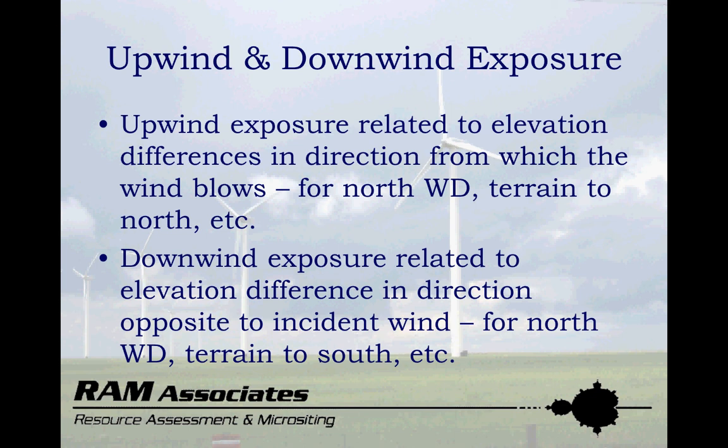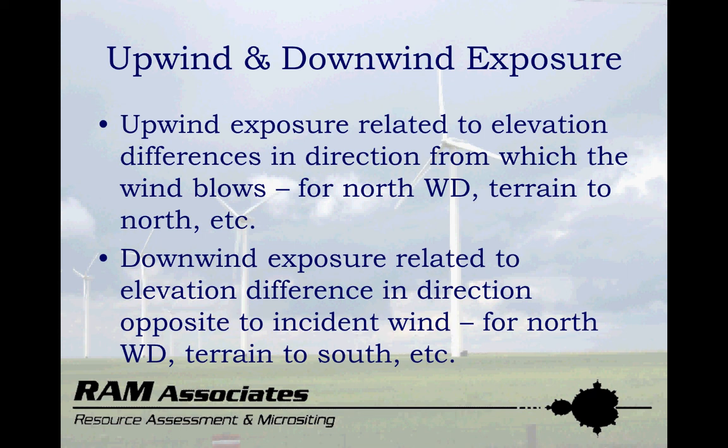The upwind and downwind exposure parameters are based on essentially the concept that if the wind is blowing from the north, the upwind terrain would be all the terrain that is from the same direction that the wind is blowing. So for upwind exposure, for the north wind, we look at the terrain upwind and so forth around the compass.